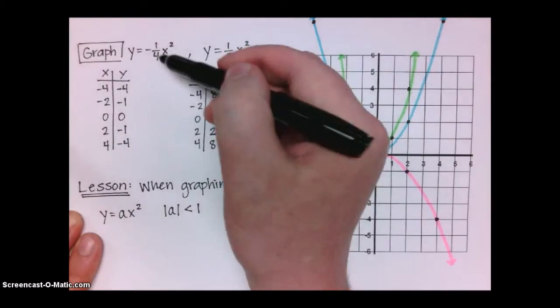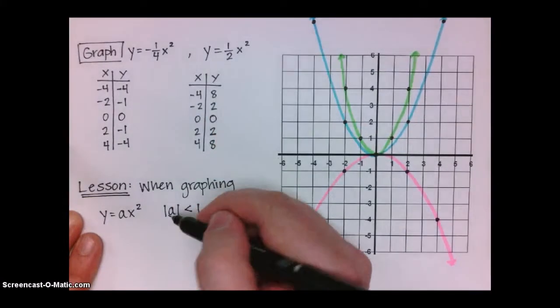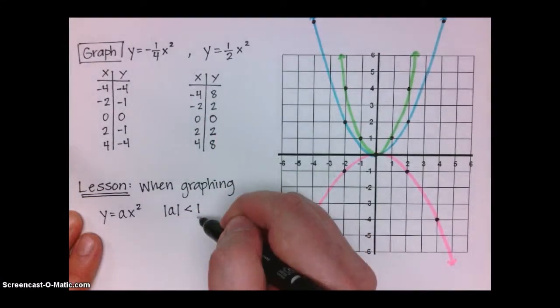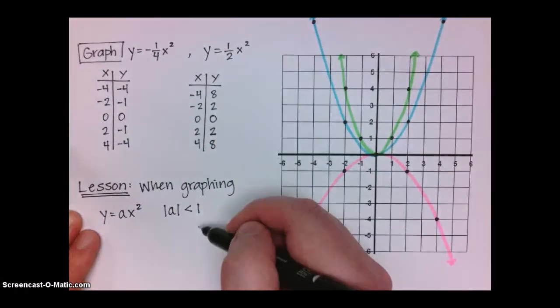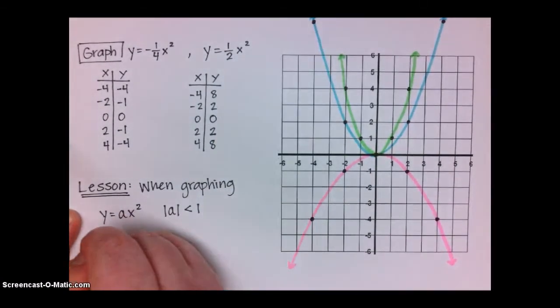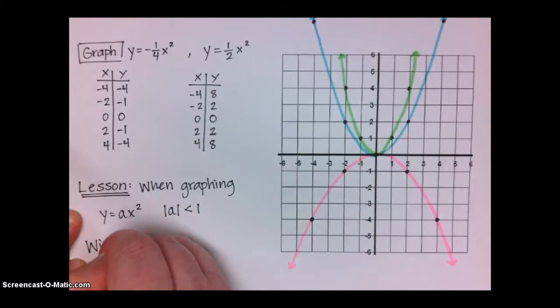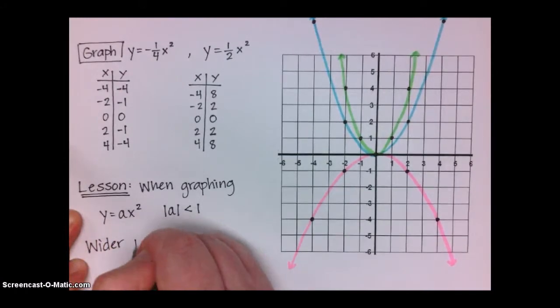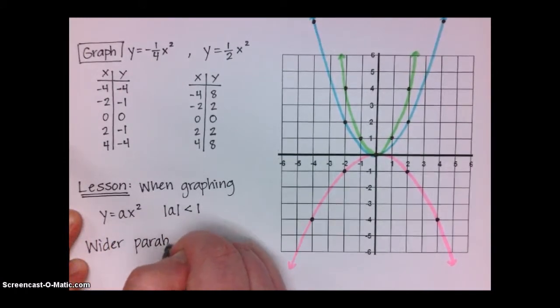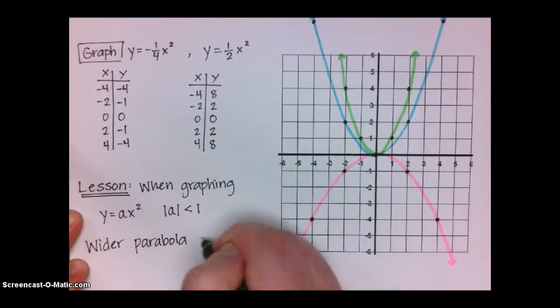For instance, negative 1/4, when I take the absolute value of that, 1/4 is less than 1, and also 1/2 is less than 1. Then you're going to find a wider parabola compared to the parent function.